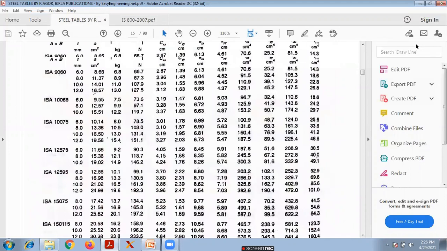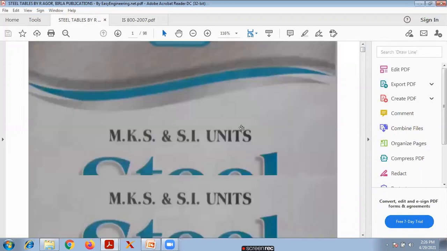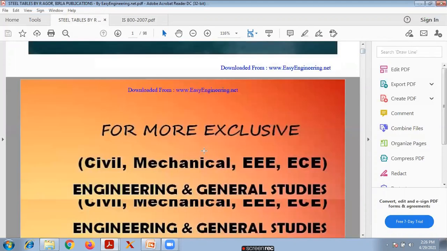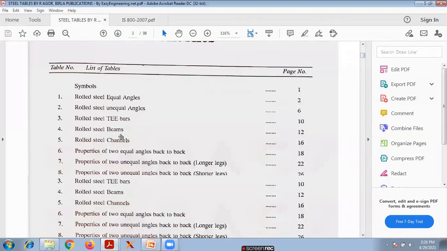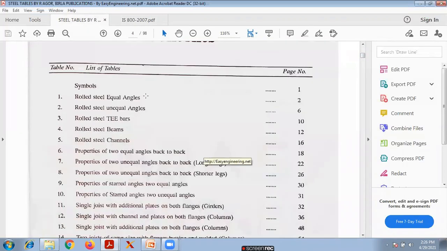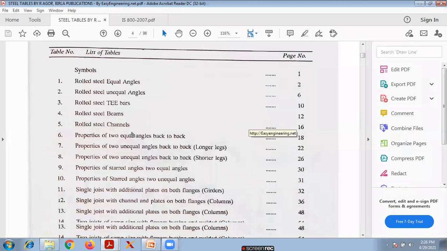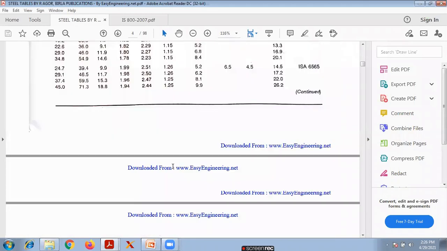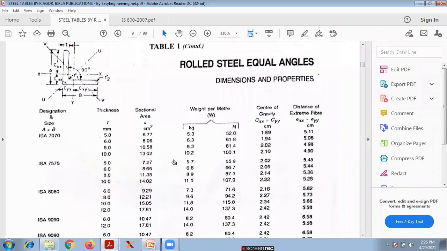So from the page 1, all of you search for the beams. You know, in the contents you will see equal angles ISA, T beams is T, rolled steel beams or channel section, like that it is there. So we have to check the rolled steel beams. First one is the ISA.